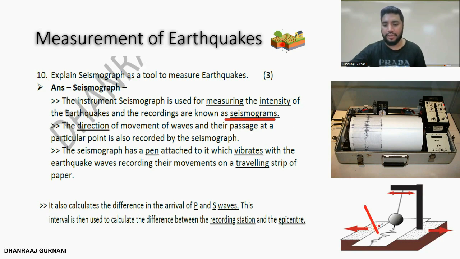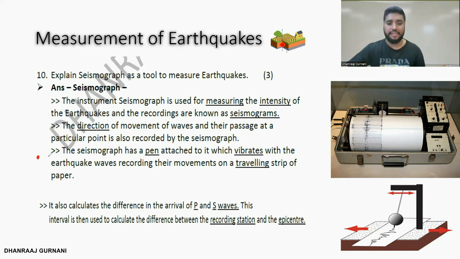The direction of movement of waves and their passage at a particular point is also recorded by a seismograph.